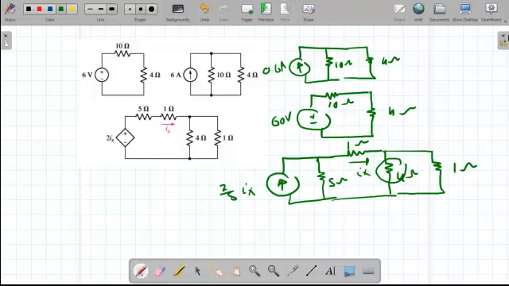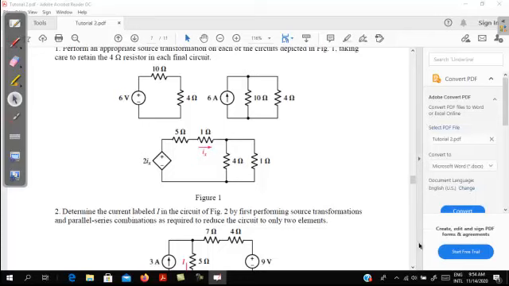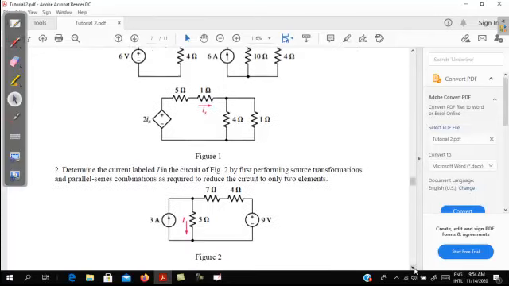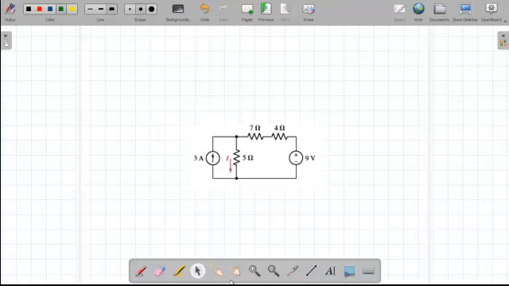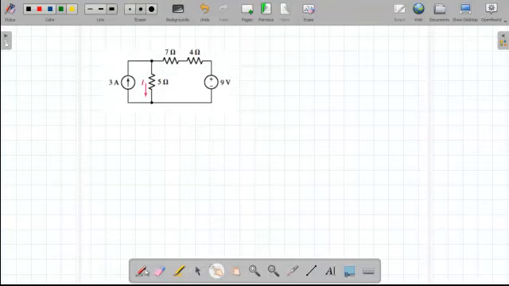So for the second one, we need to find the current I using source transformation. So here we have a voltage source and a current source.